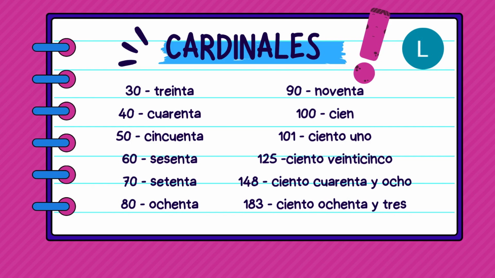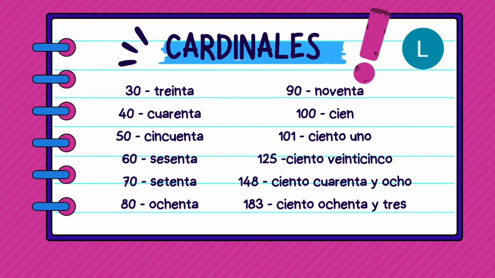So now that you have an idea of how we put our numbers together, I'm just going to give you 30, 40, 50, so on and so forth. And remember, the Y sort of puts together the end of the actual number. You'll start getting the hang of it.